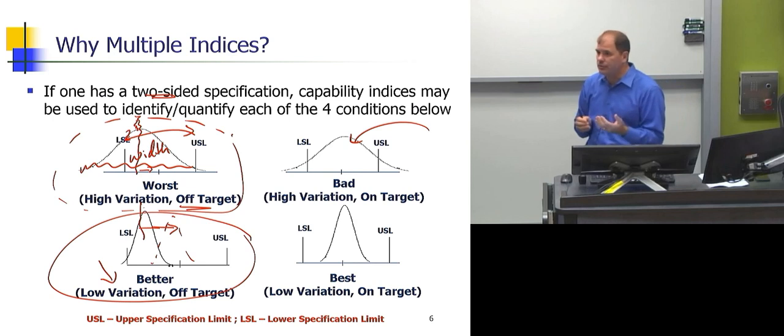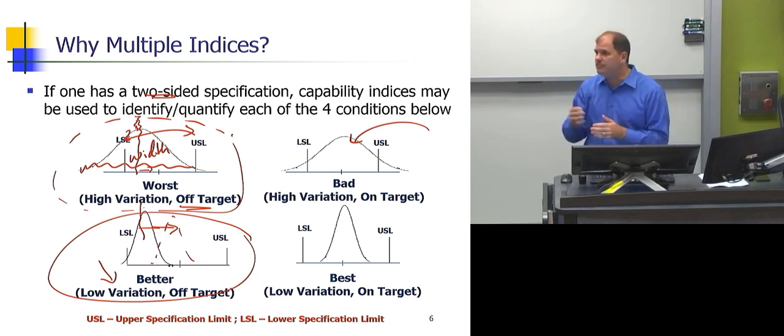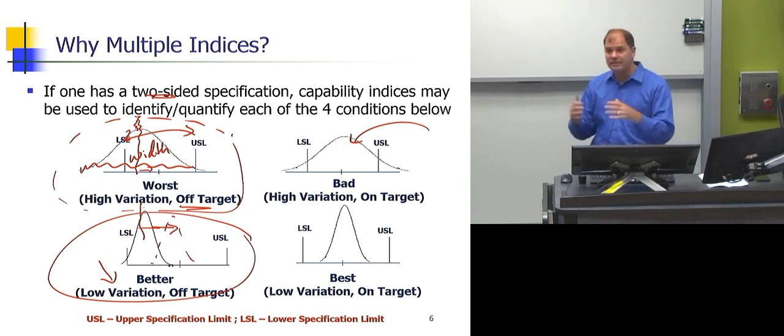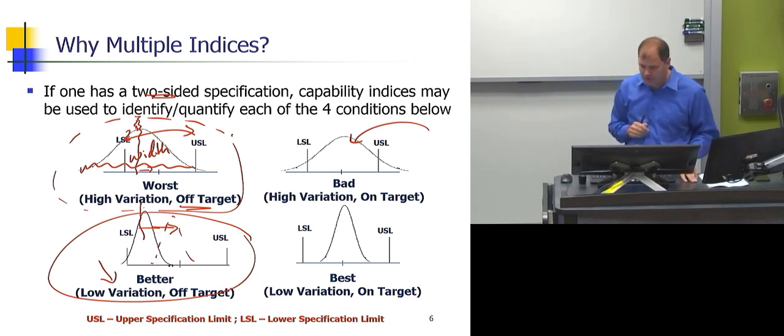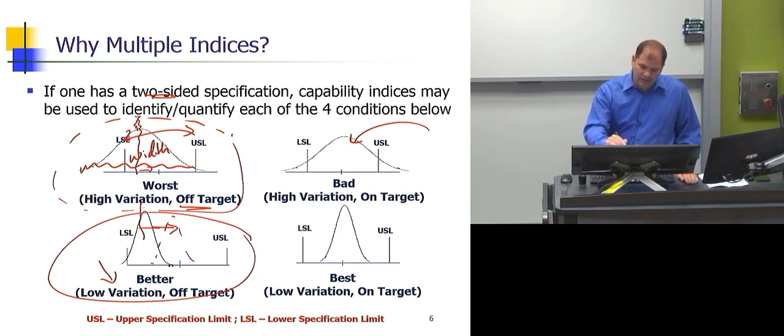Or maybe I have to add a person to do this job to be able to increase the time, or take a person out depending on which direction I am moving. But the idea is I want to have different indices to help me see different conditions to help me with problem solving. This is the link between our indices and diagnostics.